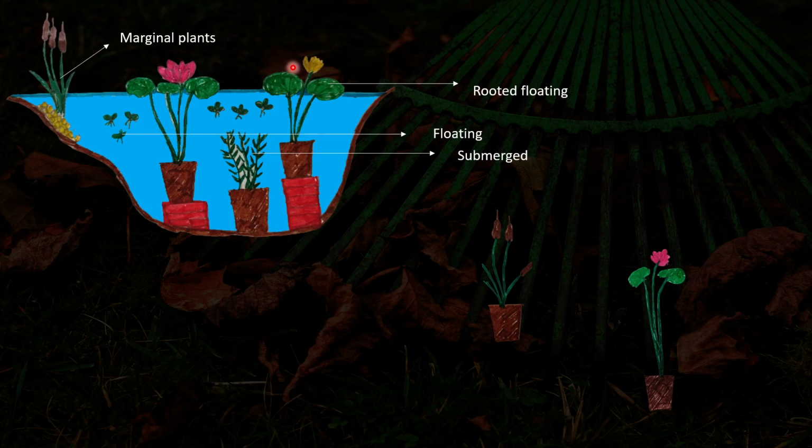Right, and you can see that there are bricks used. See, the submerged one does not require brick because it has to remain completely submerged in water, but you have to adjust the height of the rooted floating ones according to the height of its plant, because you need to put the leaf on the top.